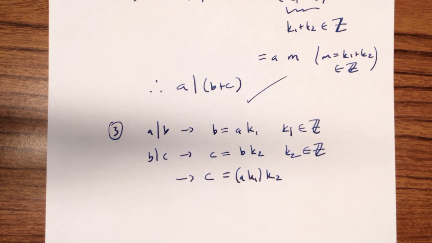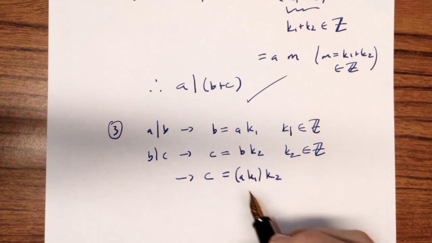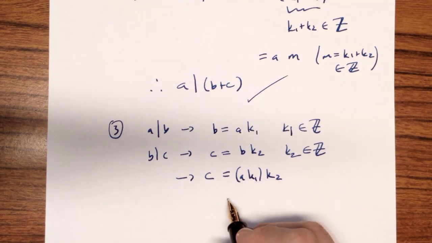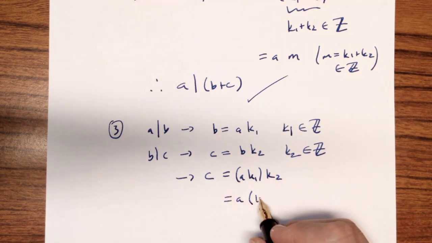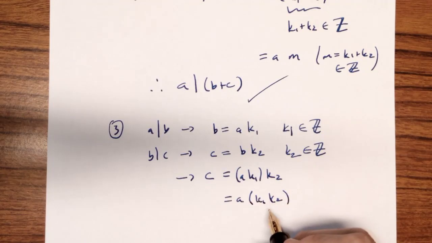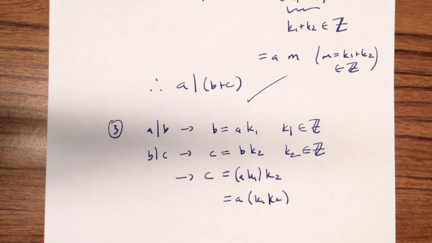Oh, wait a minute. I've got parentheses. I can regroup my parentheses. I can move the parentheses from around A and K1 to around K1 and K2. But K1 and K2 are both integers. Therefore, their product is, there should be a chorus of each of you in your own locations going, an integer.